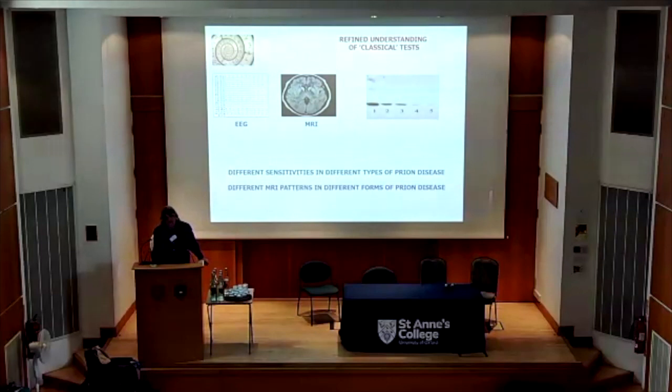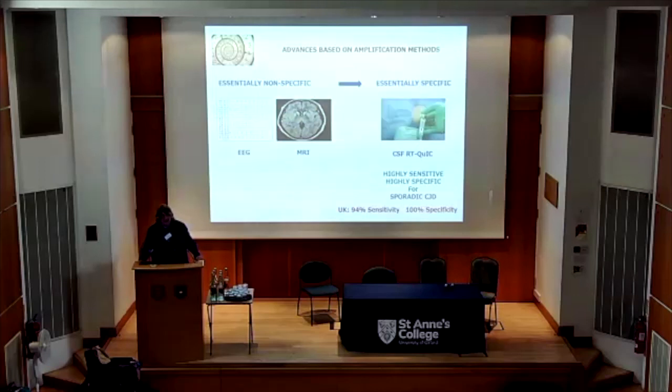And it's very useful to us that you can get a bit further with the diagnosis through increased understanding of these classical tests. However, the advances that have been based on amplification methods are a major advance as far as I'm concerned. And the spinal fluid RT-QuIC test is the one that's really established in routine clinical practice. It's highly sensitive and highly specific for sporadic CJD.